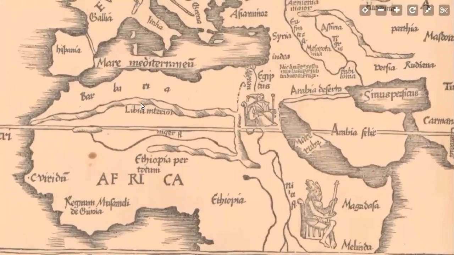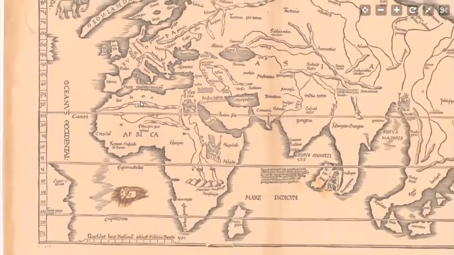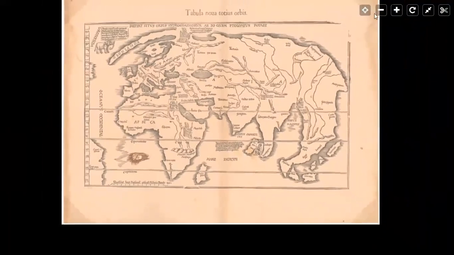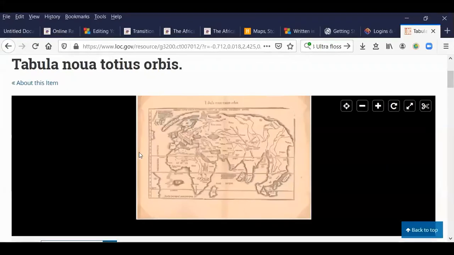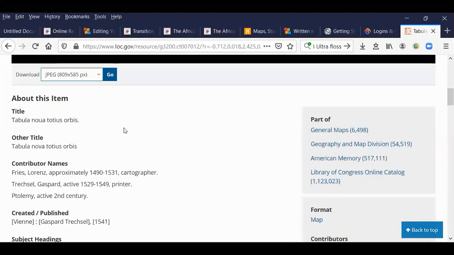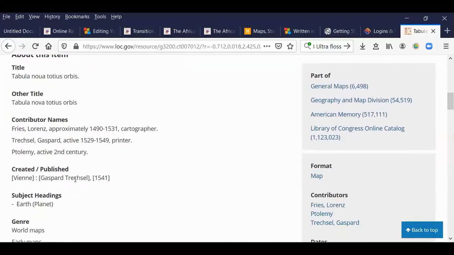Now, this is a map that's very interesting to look at for its historical point of view, in a sense, for its historicity. And that's what can be studied here in the metadata that's provided. This was made by a cartographer who worked from 1490 to 1531. Very early on, the map was printed, published in 1541.